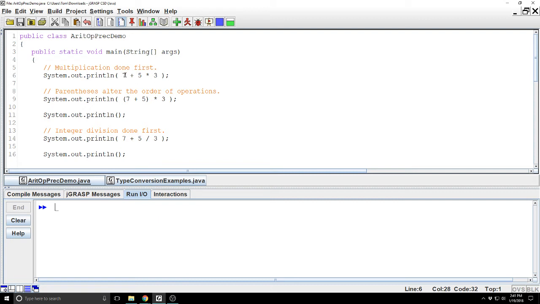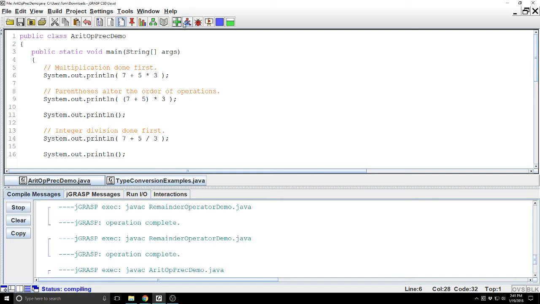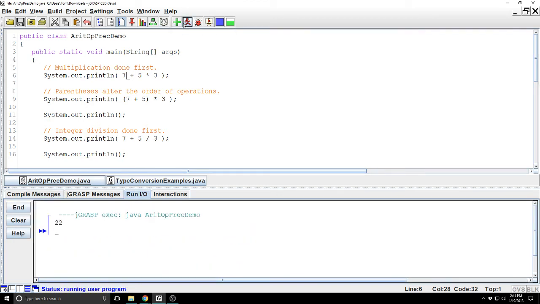The first one of those that I run into is this one right here. So I would multiply those two. 5 times 3 is 15, and then 15 plus 7 would be 22. So when I run that, I should get 22, and that's what I get.